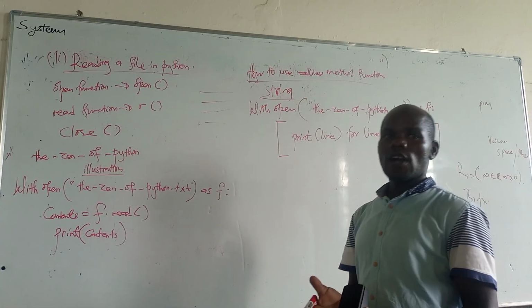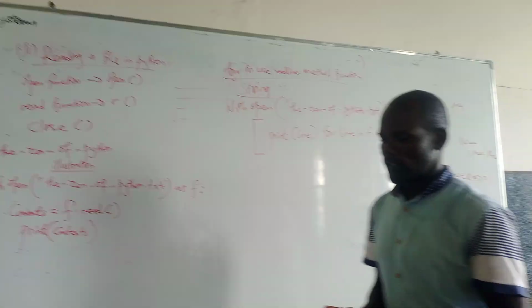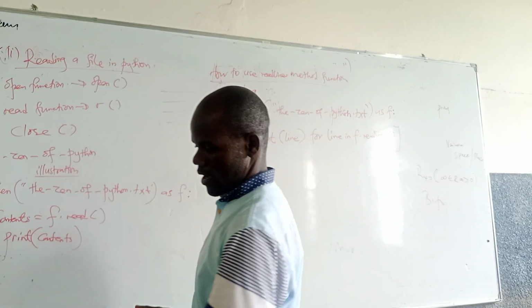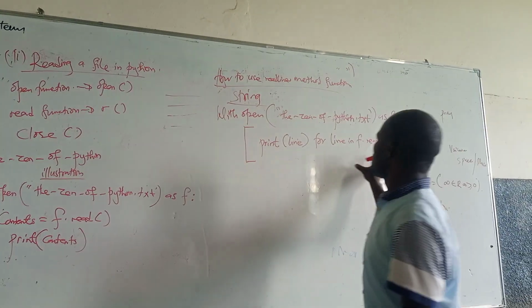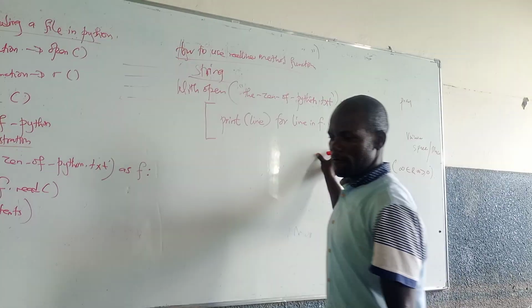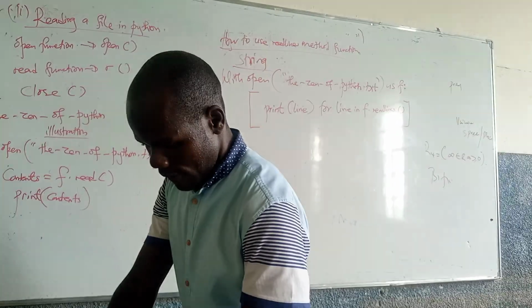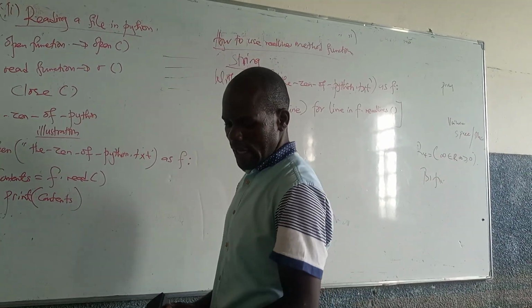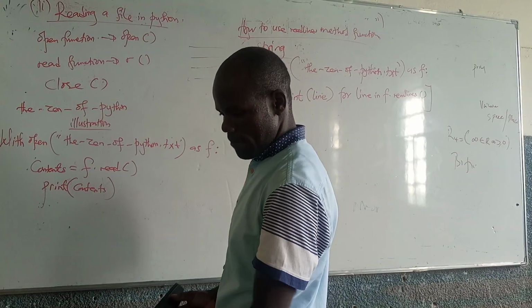So it will give you the output. This is the code for reading a file using the readlines method.